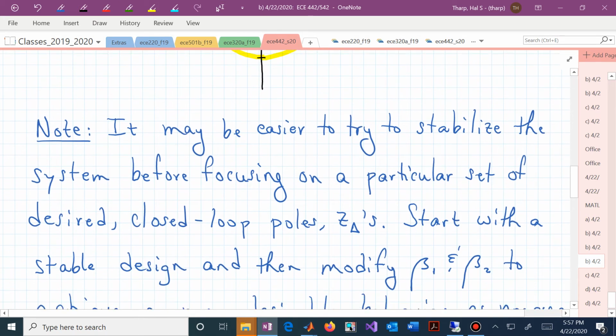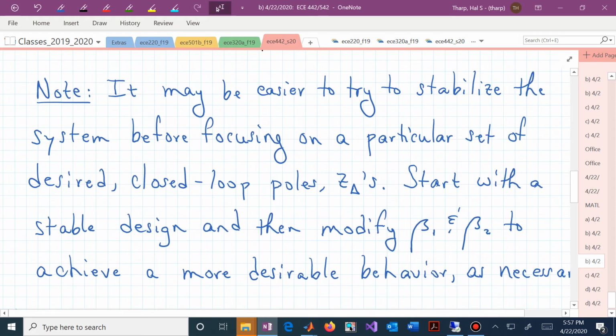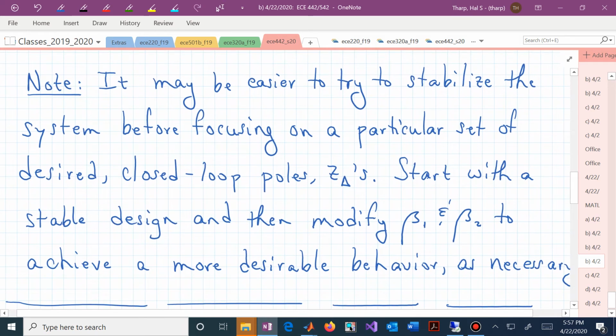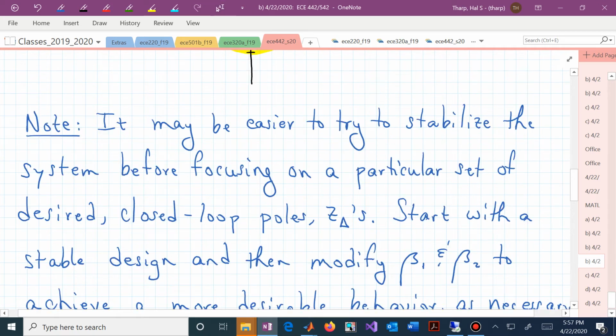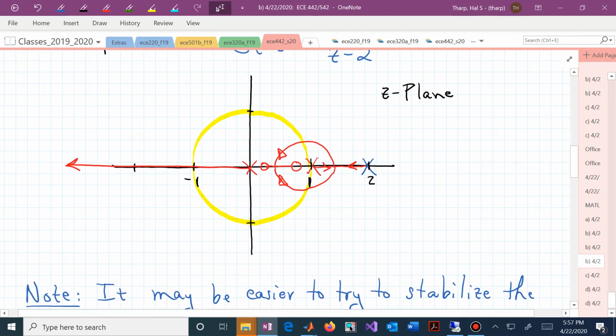In this whole process, it may be a challenge initially to say, well, I don't even know where to begin. So just keep this note in mind. It may actually be easier to stabilize the system with some choice of a 0 in a PI controller to get desired closed loop poles. Or maybe you know that this is the pattern you want, you just don't know exactly where you want those zeros to be.